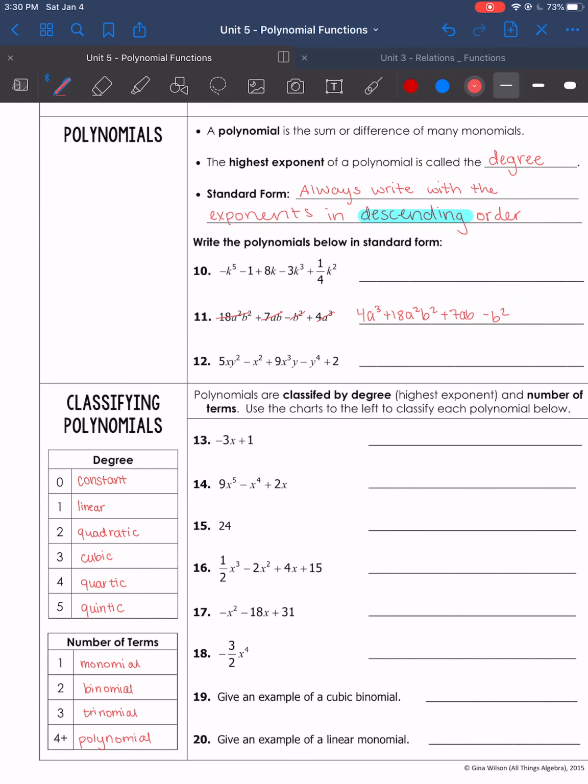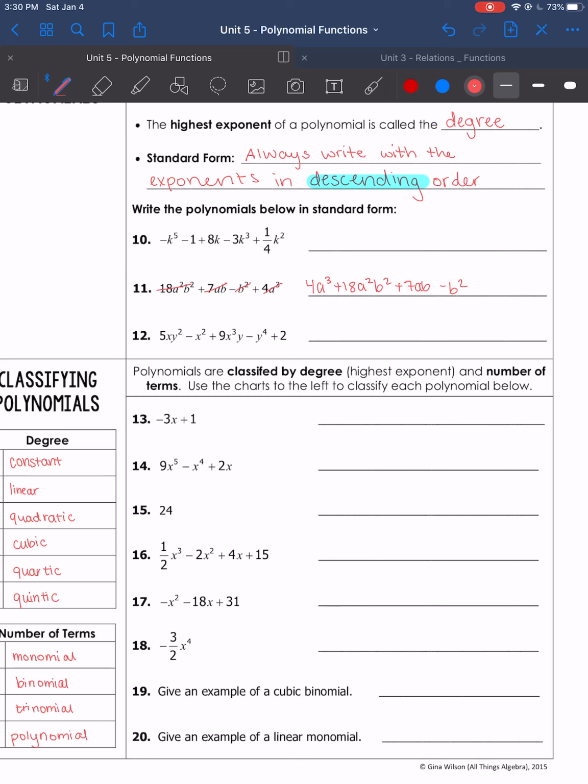Alright, so we're classifying these by degree and number of terms. We're going to use these charts over here to help us that we just filled in. So we're going to do the odds. Once again, we're just going to stick with the odds today. So 13, it has a degree of 1, so it's linear, and it has 2 terms, so it's a linear binomial. 15 doesn't have any x's or any variables whatsoever, so it's a constant.